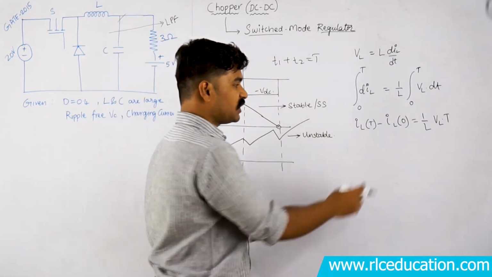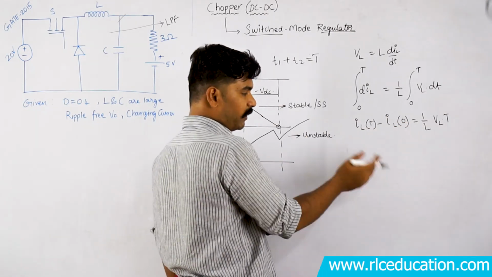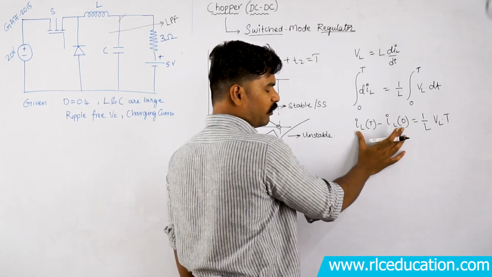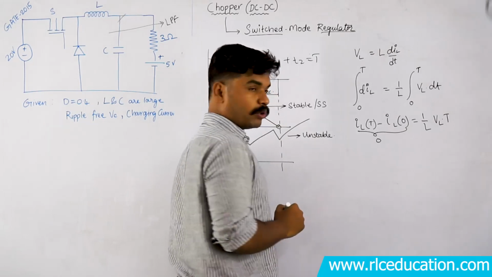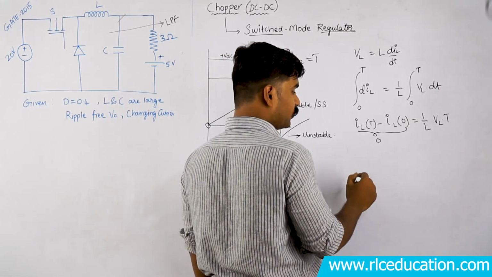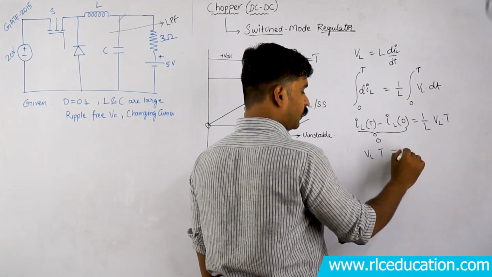So the current before the charging is IL of 0, and the current after complete discharging is IL of T, isn't it? So this combination should be equal, which means this entire term will reduce to 0. If that entire term reduces to 0, then I can write VL into T will be equal to 0.